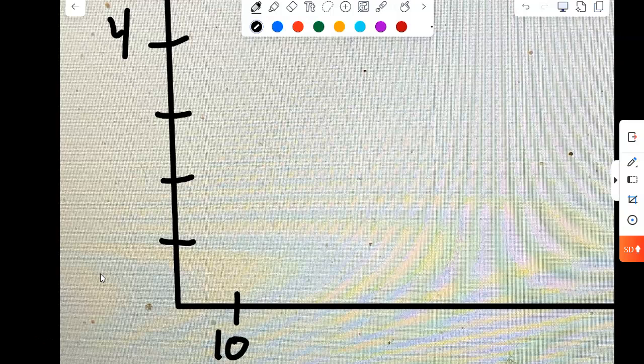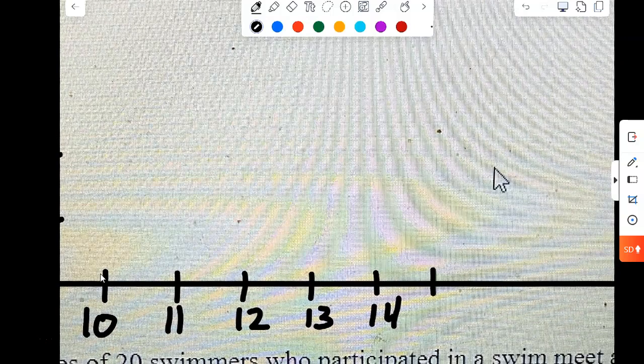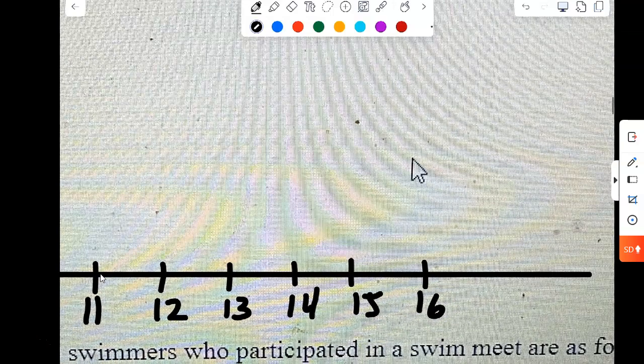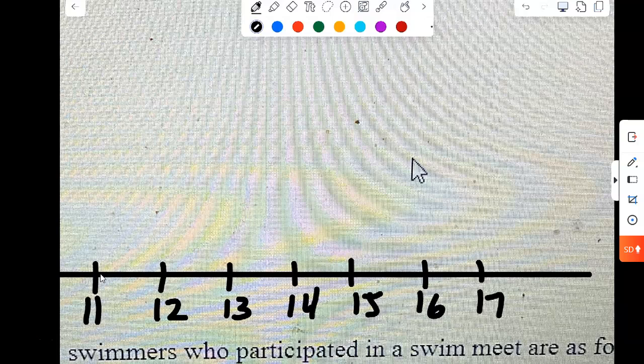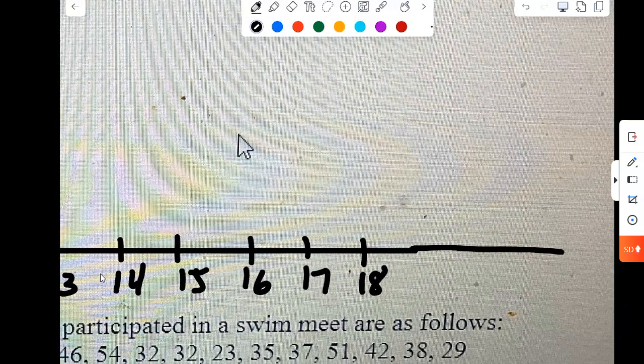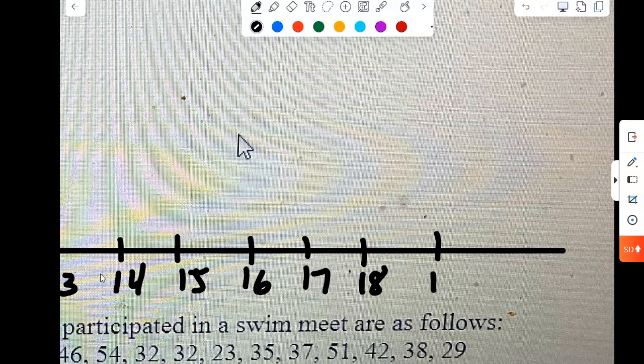So 10, 11, 12, 13, 14, 15, 16, 17, 18, and just a little further, 19, and then finally 20.